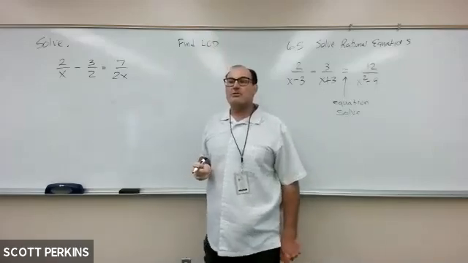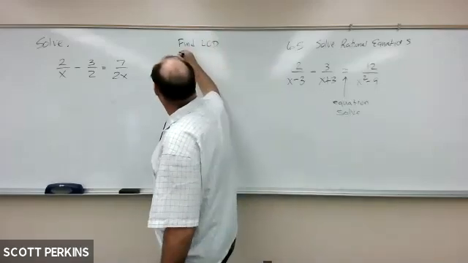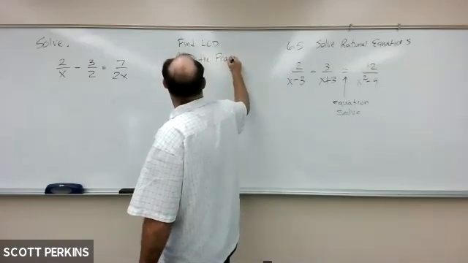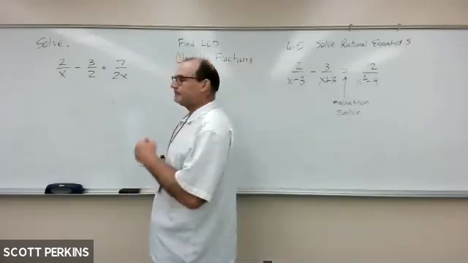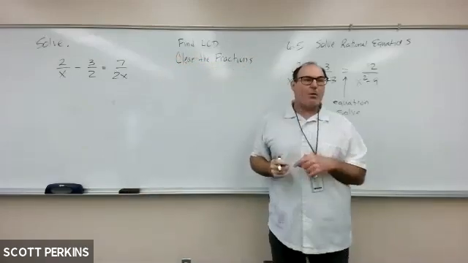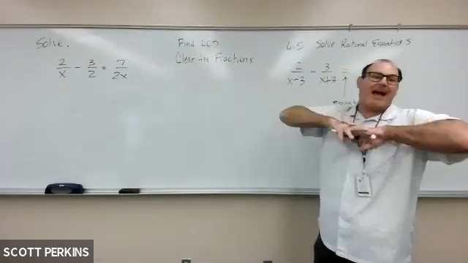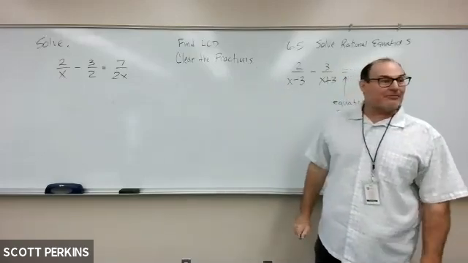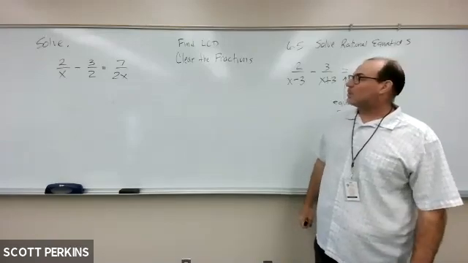And the reason we're going to do that is we are going to do what's called clear the fractions. I want to have an equation that has no fractions. Because I know none of us like fractions anyway. So we're going to clear the fractions.